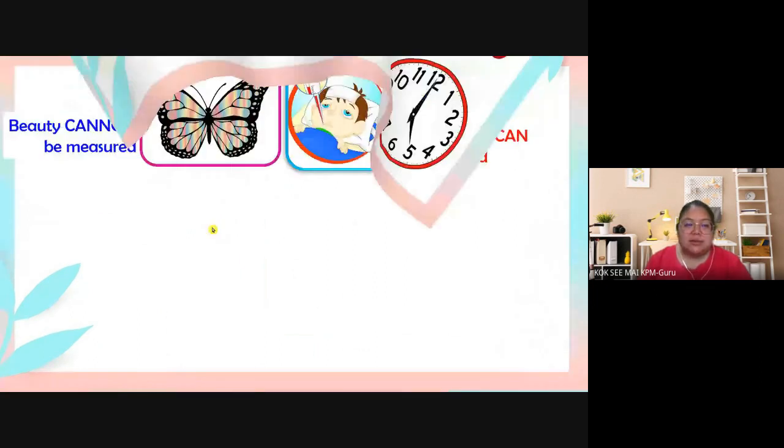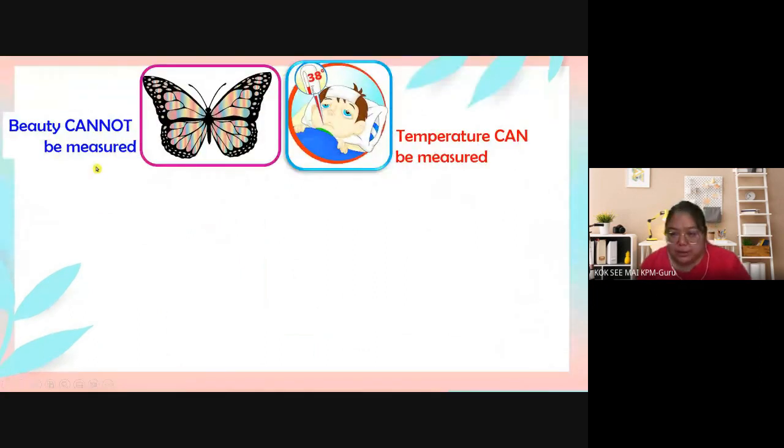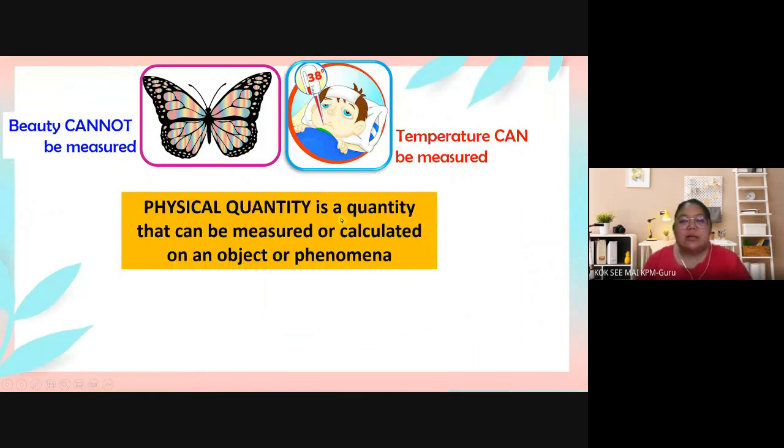Okay, next. So beauty cannot be measured. Temperature we can measure. So that means physical quantity is, okay, this is the knowledge definition. What is the meaning of physical quantities?